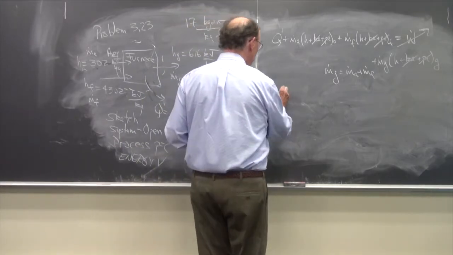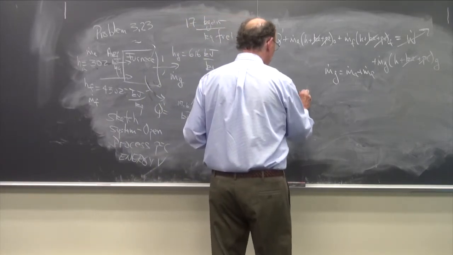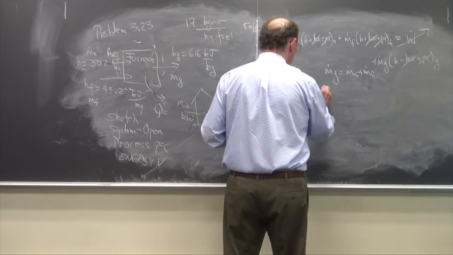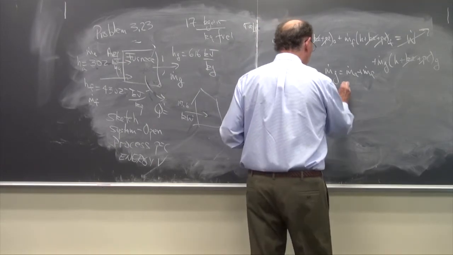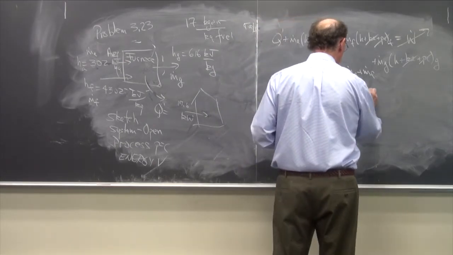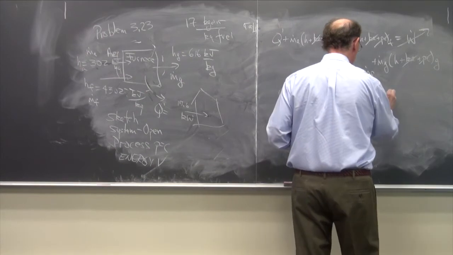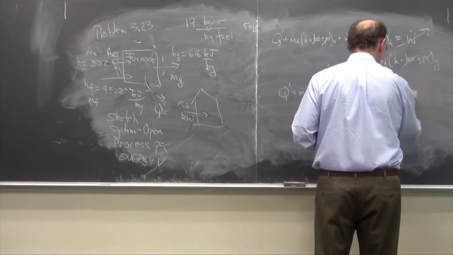So now I have Q dot plus m dot A HA plus m dot F HF is equal to m dot A plus m dot F times HG.